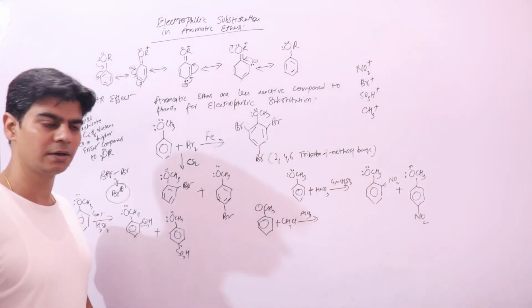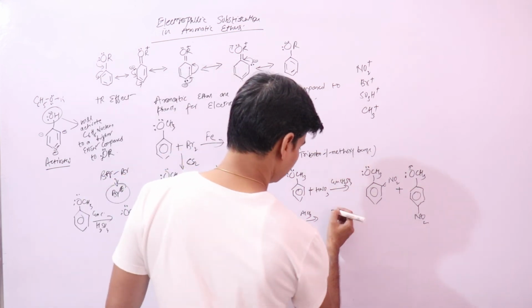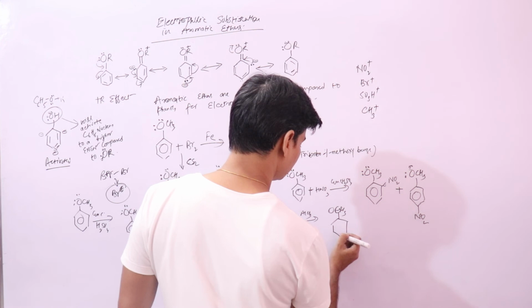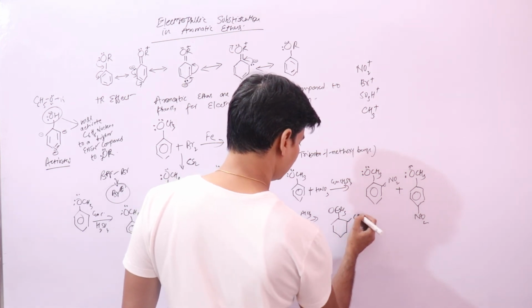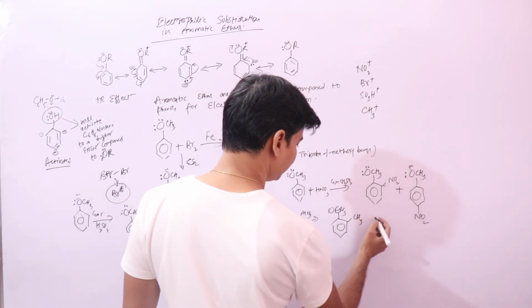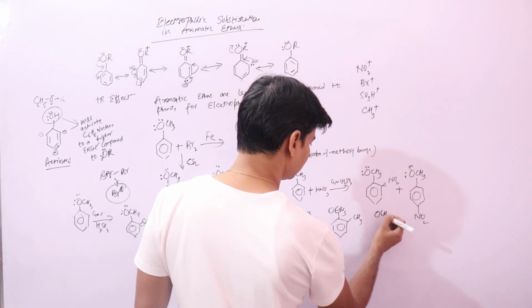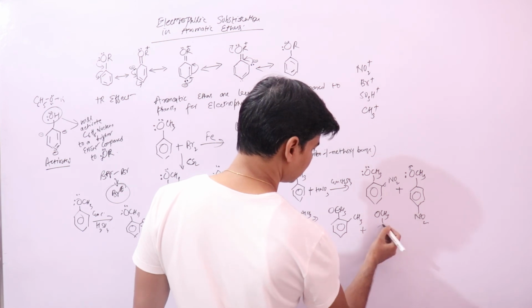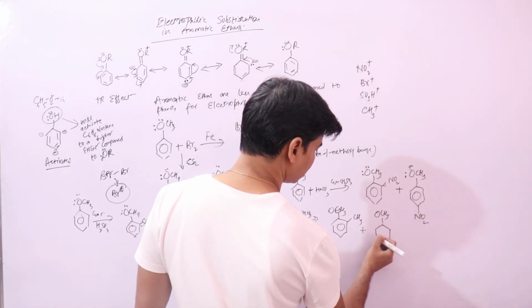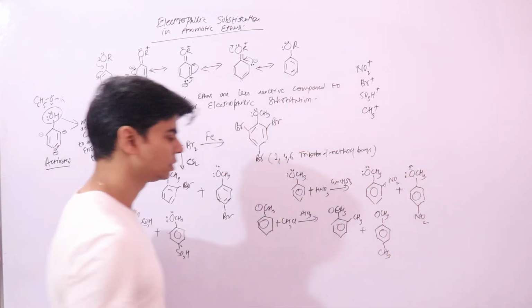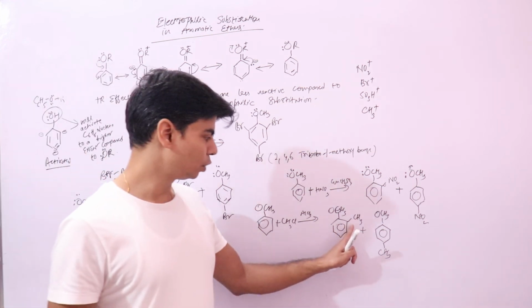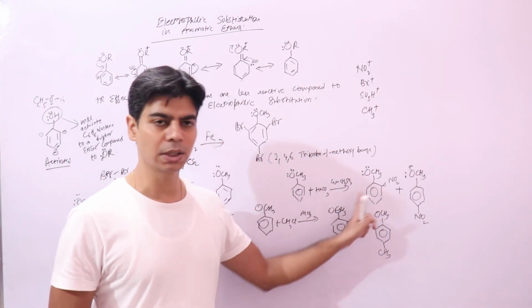This is your famous Friedel-Crafts reaction that we have been doing for quite a long time now. The methyl group will enter at ortho and para positions. So this is your ortho methyl anisole and para methyl anisole.